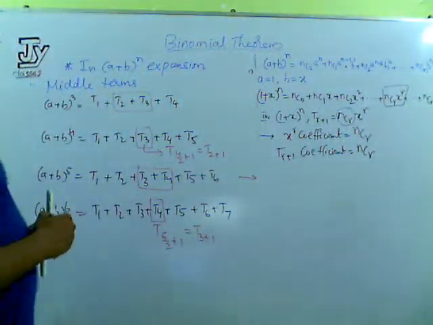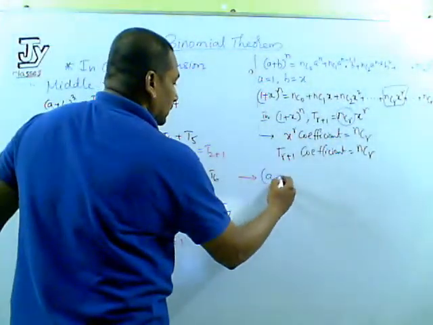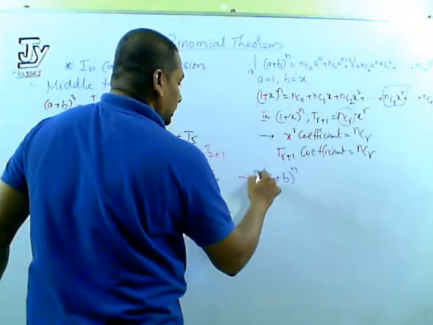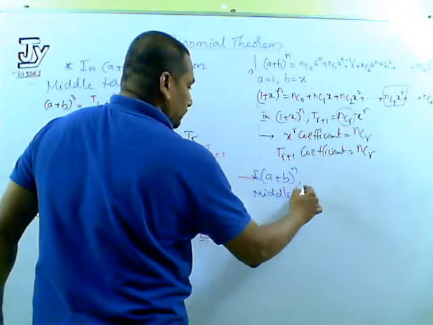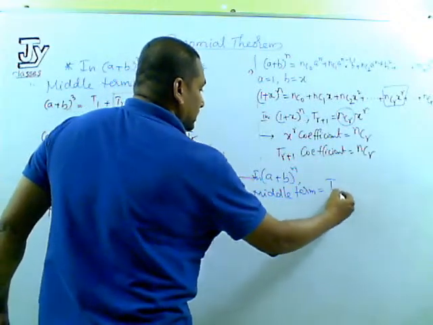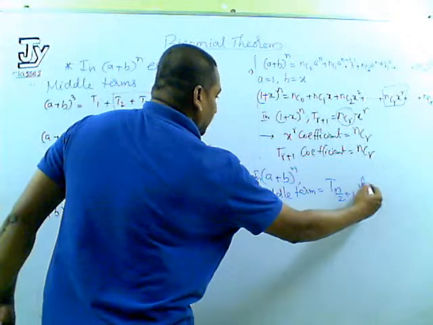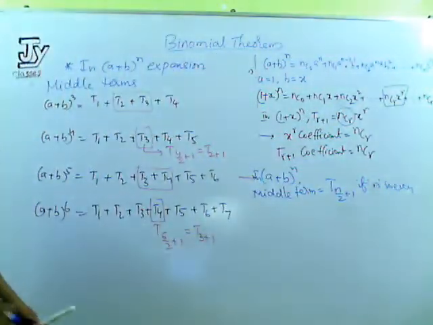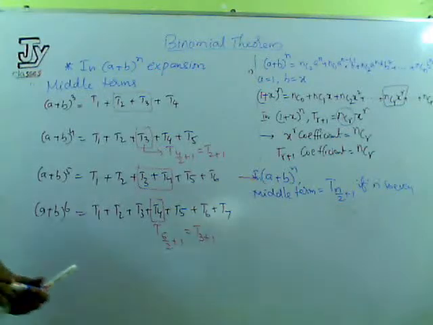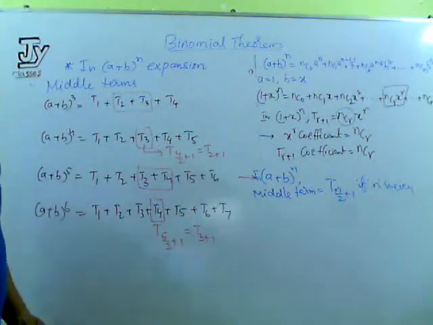The middle term of (a plus b) whole power n: the middle term is T(n by 2 plus 1) if n is even.